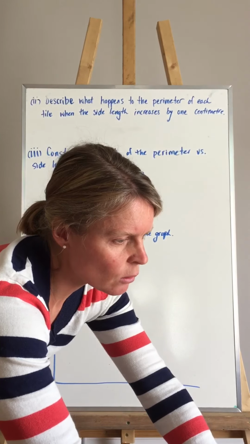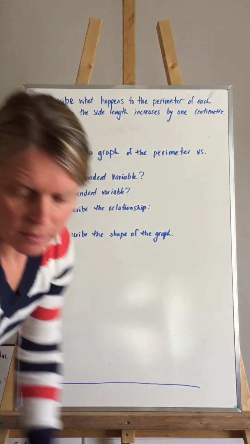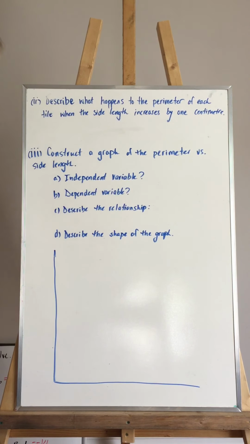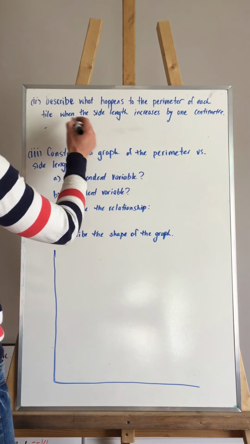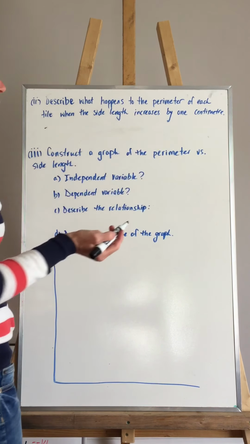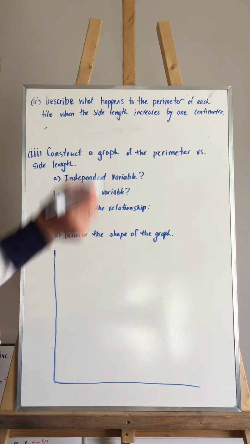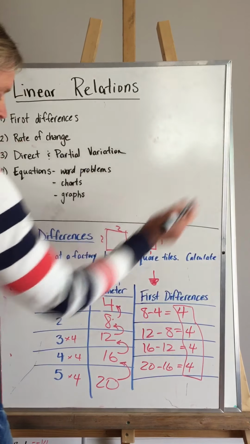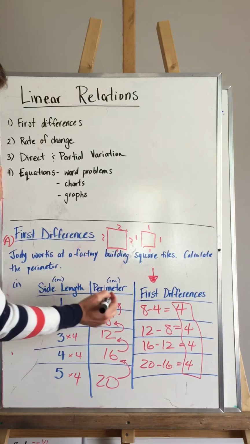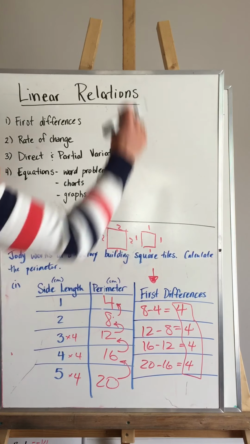Okay, so the sheet then goes on and asks a few questions. First question says, describe what happens to the perimeter of each tile as the side length increases by 1 centimeter. You noticed, I'm sure, that as this is going up by 1 centimeter, your perimeter is going up by 4 centimeters.